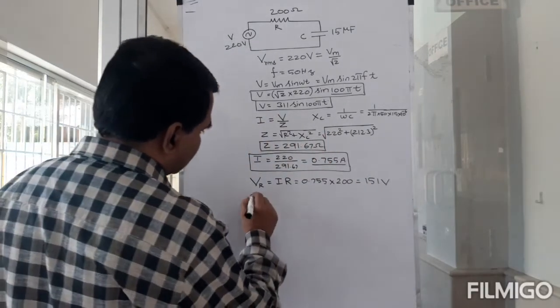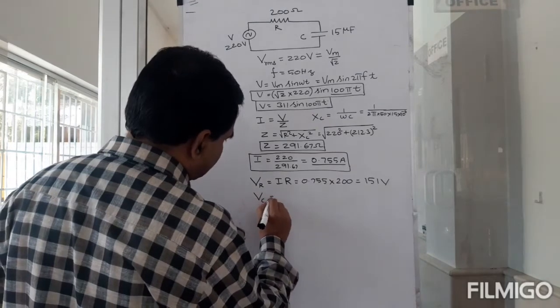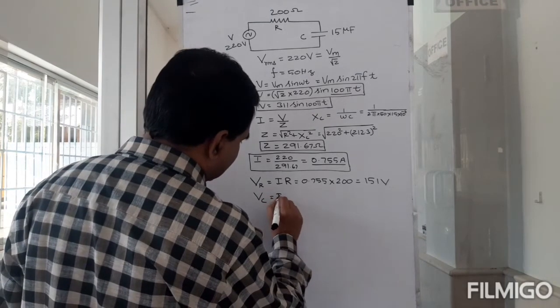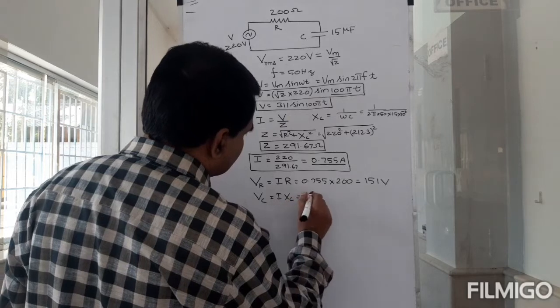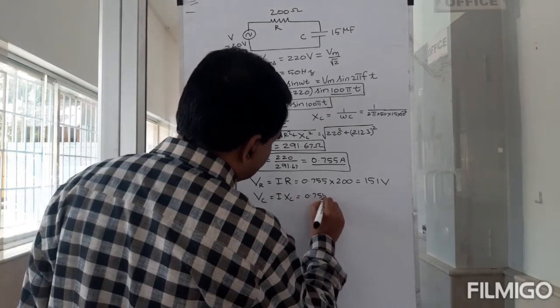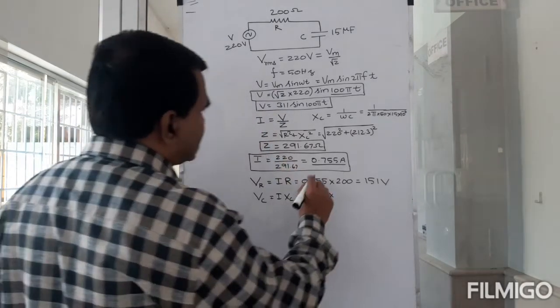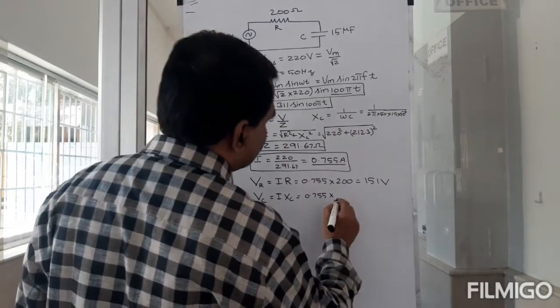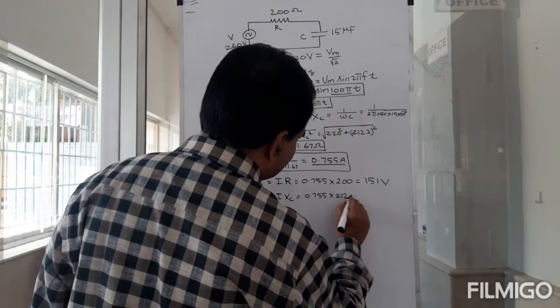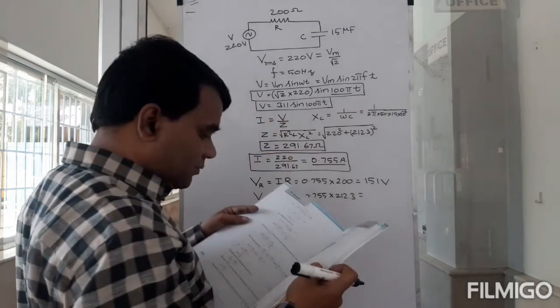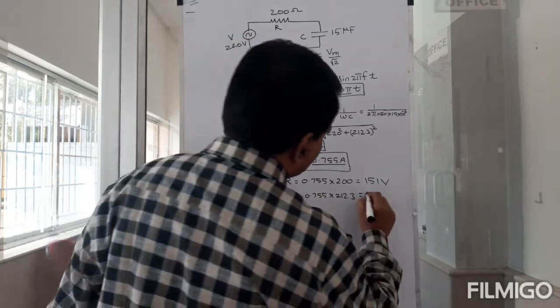And what about VC, the voltage across the capacitor? That is equal to I into XC, so 0.755 into 212.3, and that gives me 160.3 volts.